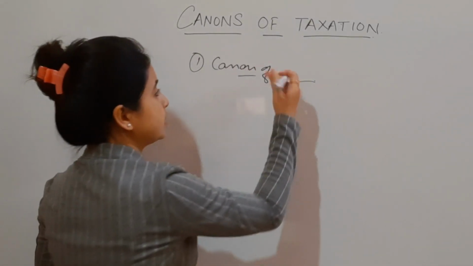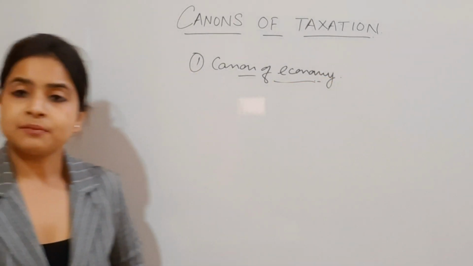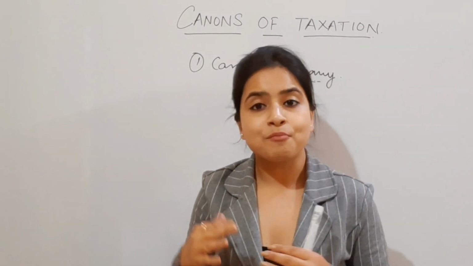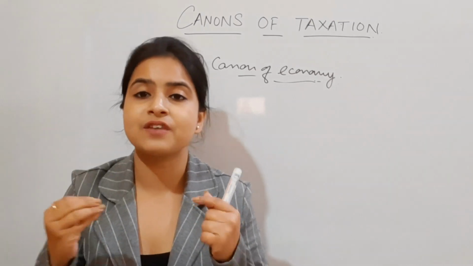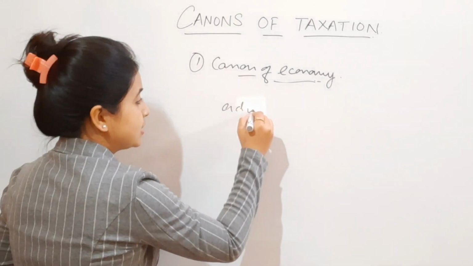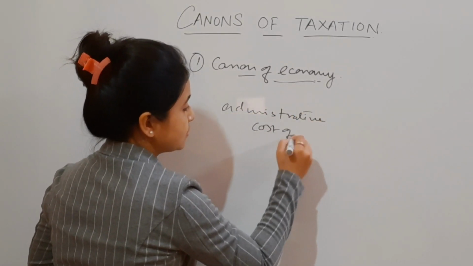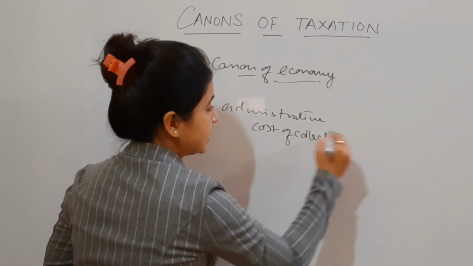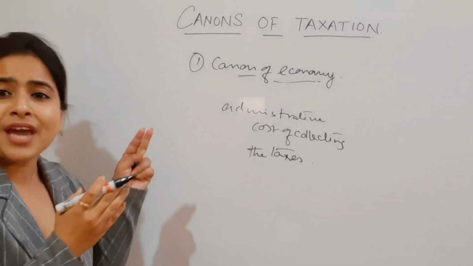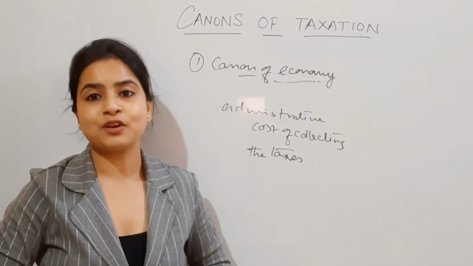It's very important, right? Canon of economy. That means the method of collecting the taxes has to be very cost efficient. That means the administrative cost of collecting the taxes has to be as minimum as possible, because that will be the ideal way of collecting the taxes.